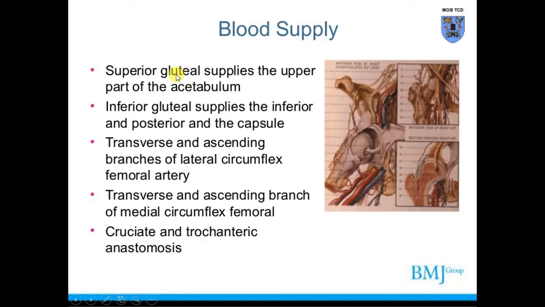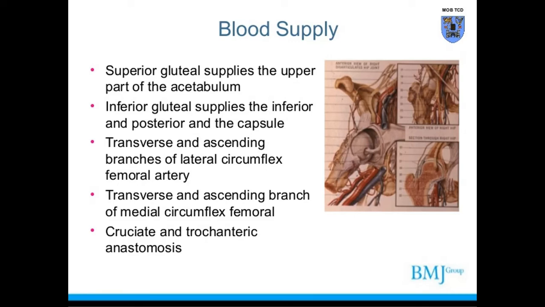So superior gluteal artery, inferior gluteal artery, transverse and ascending branches of lateral circumflex, and transverse and ascending branches of medial circumflex, and the cruciate and trochanteric anastomosis will supply the blood to the hip joint, both the acetabulum and head of femur.